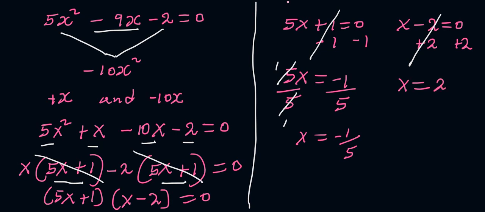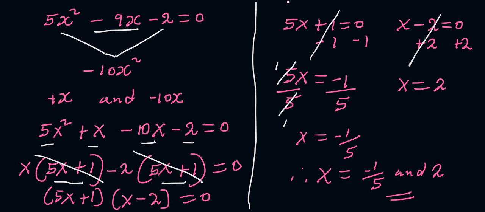Now we have x equals negative 1 over 5 in the first part, and in the second part we have x equals 2. Therefore, the final answer is negative 1 over 5 and 2. So this is the final answer, and I hope it makes some sense.